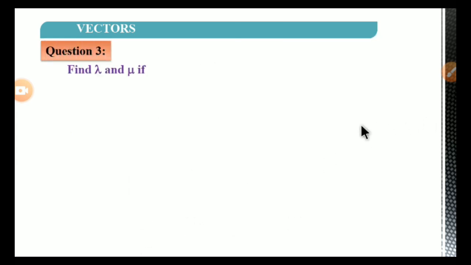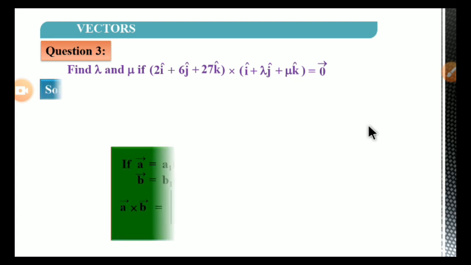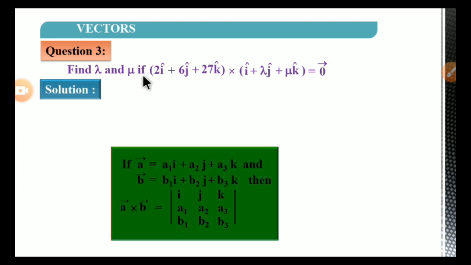Now for the next example, find lambda and mu if 2i plus 6j plus 27k cross product with i plus lambda j plus mu k is equal to the 0 vector. So this is the given data. Because this cross product is equal to the 0 vector, we have to find the unknowns lambda and mu.